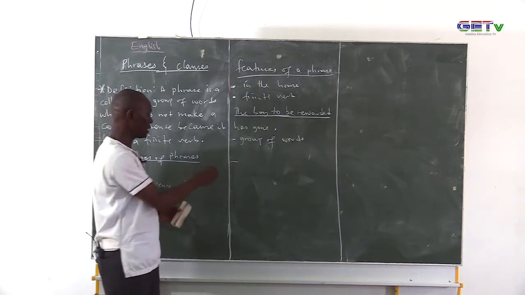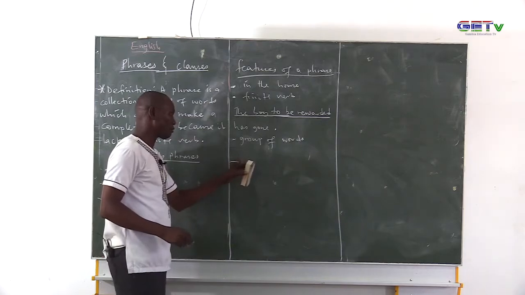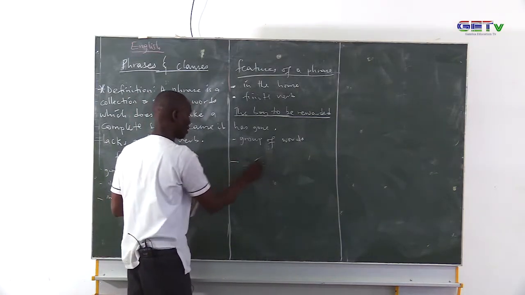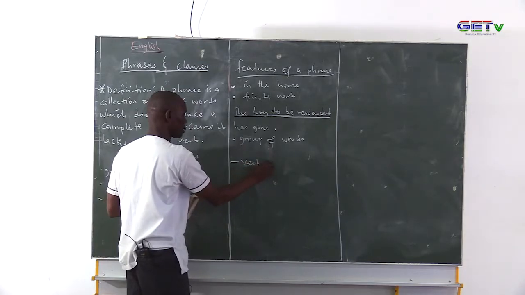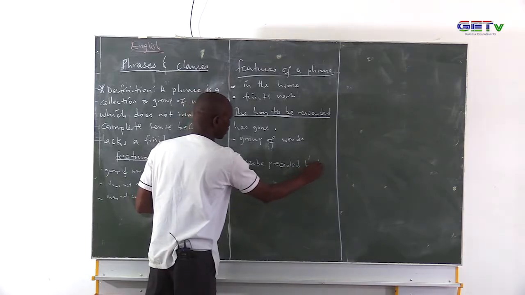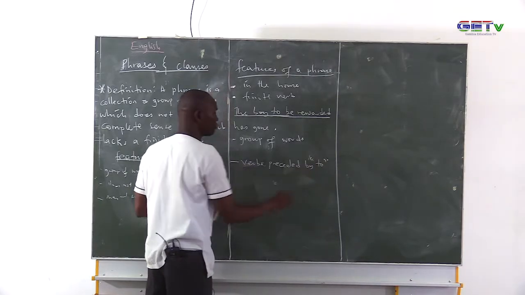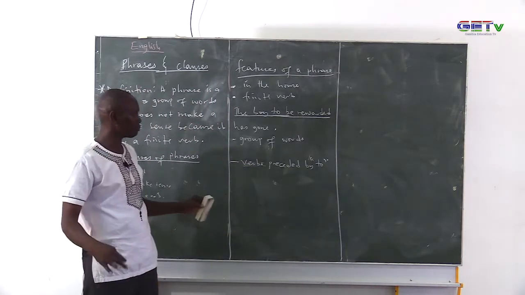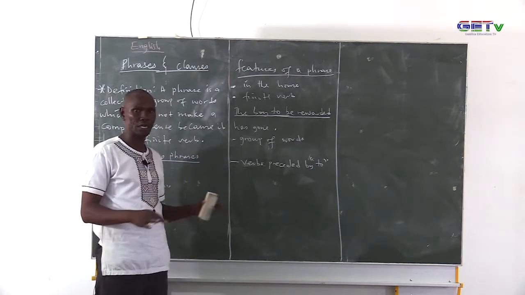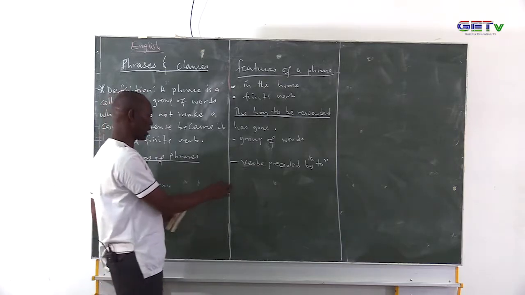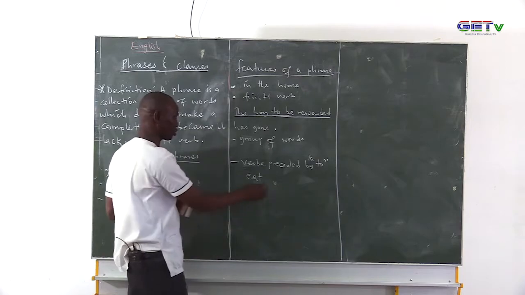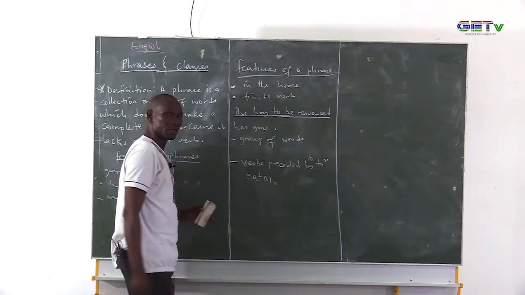Now, one thing is that phrases have verbs that are preceded by to. So if you have to before a verb, that's the base form of a verb, and that verb cannot change from one form to another. Now, we may have words like eat. We know this eat can take an inflection, its number.